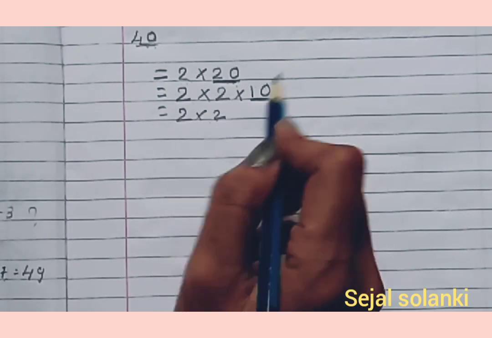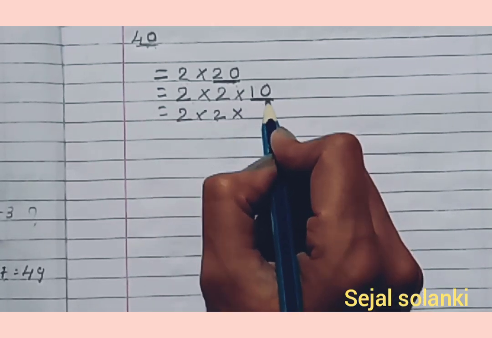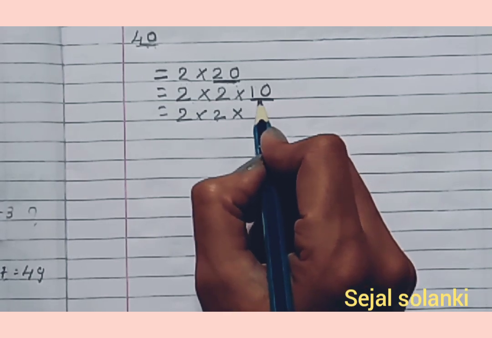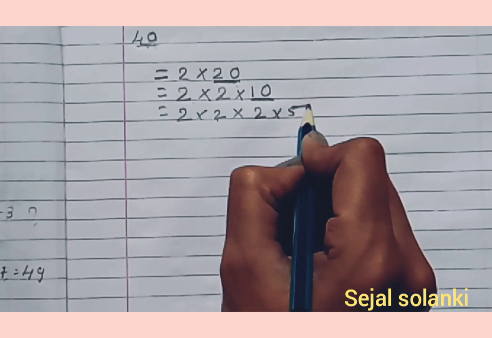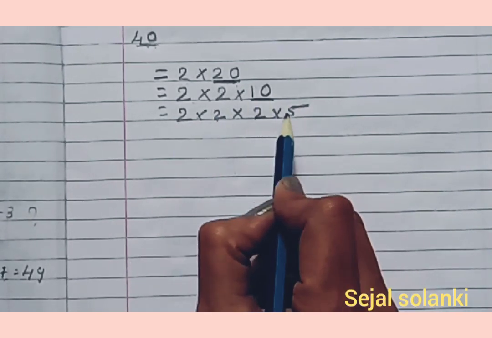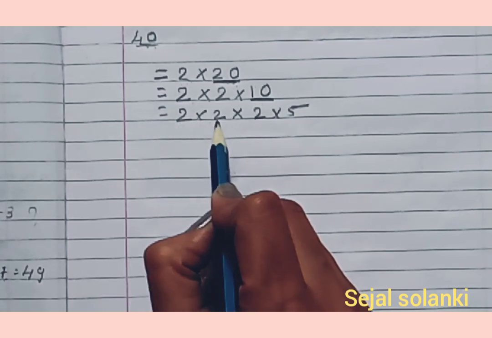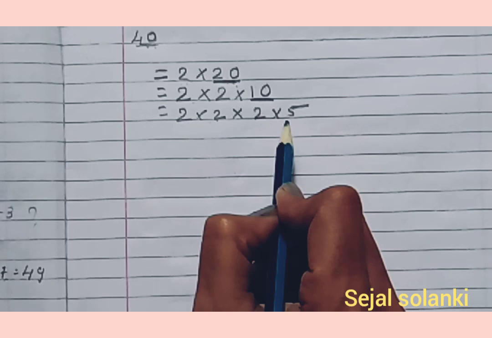This 2 we will write as it is, and whichever number is underlined as composite, that we will break down. Now 10 we can break into 2 into 5. Now let's check whether any composite number remains here. No, 2 is a prime, 2 is a prime, this 2 also prime, and 5 is also prime.